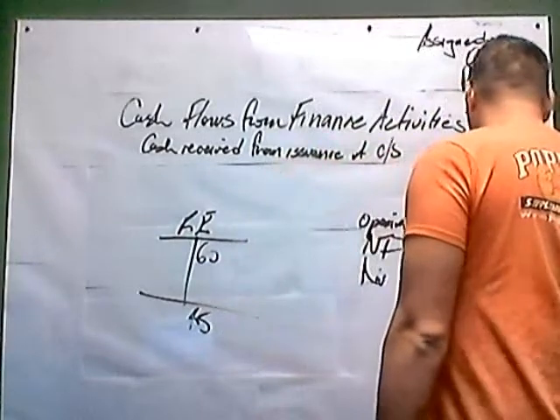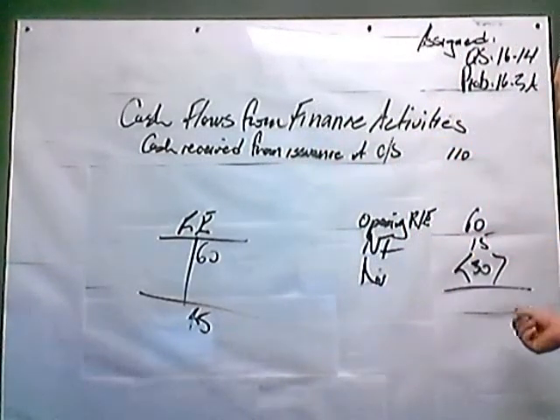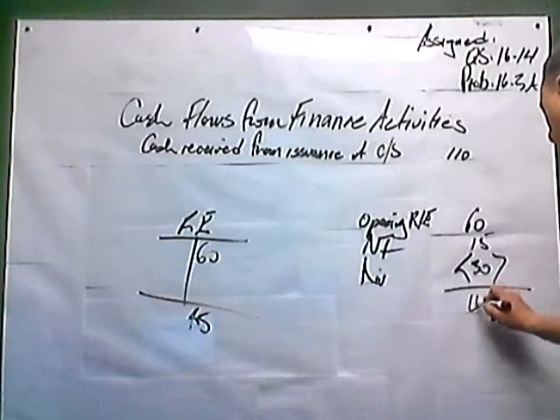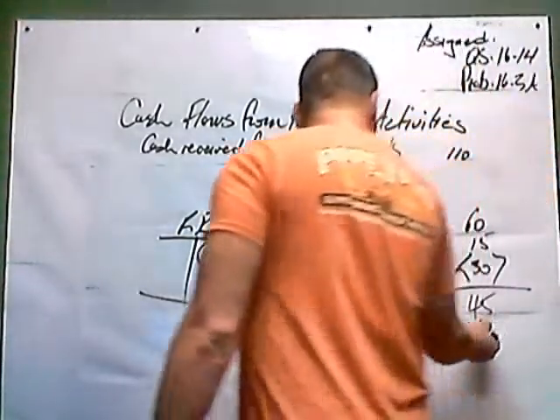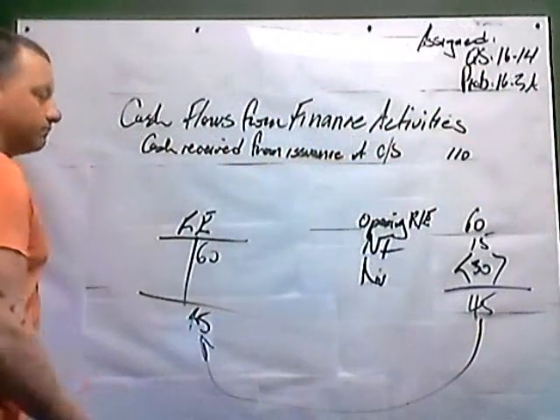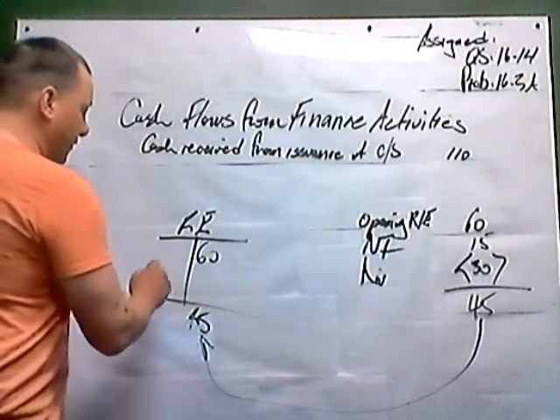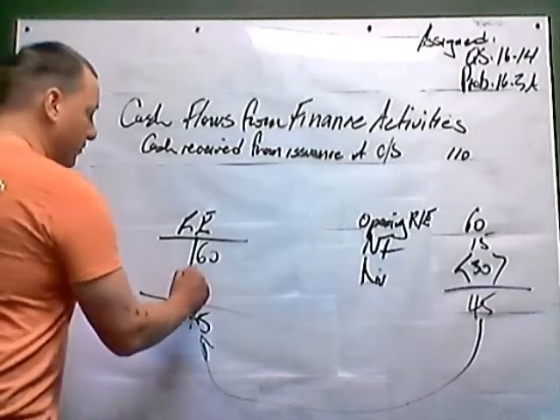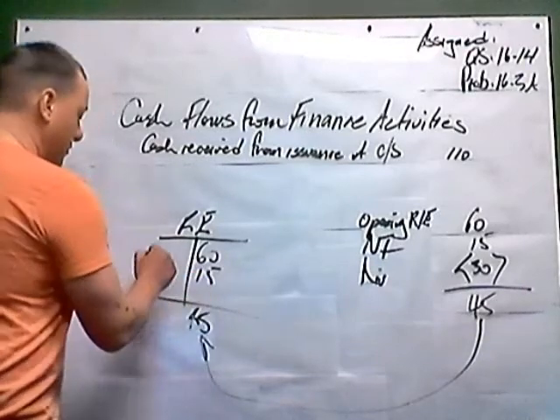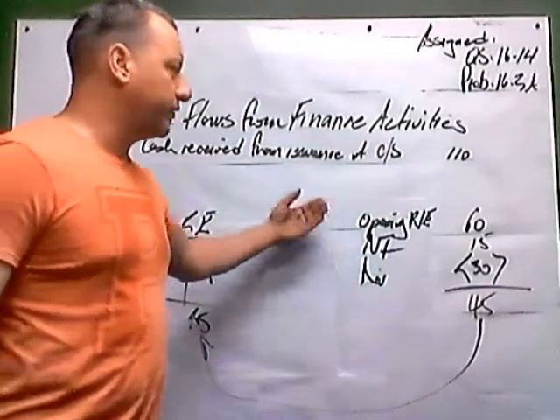As a result, 60 plus 15 is 75, minus 30 is 45. So you proved it right there. The 15 and 30 would be part of your closing entries.